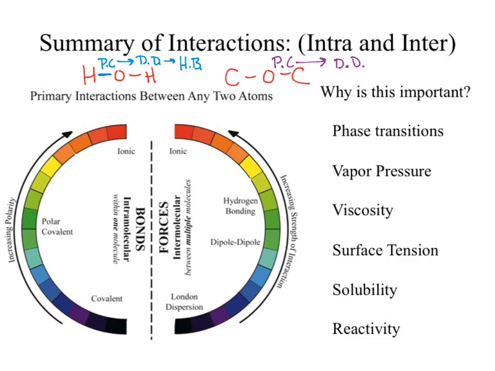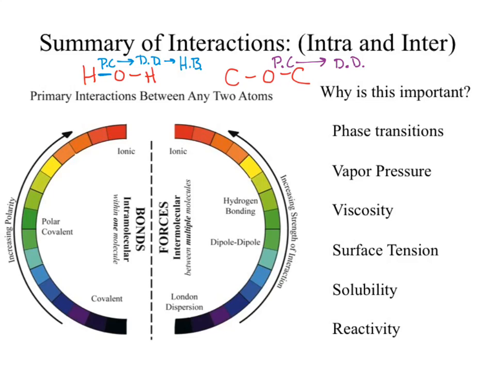You're sharing electrons. Sharing of electrons makes it very difficult to rip those atoms apart from each other. Whereas in the case of ionic, they aren't sharing electrons. So what does that mean about the bond? Well, the bond's not there if you aren't sharing electrons, so how easy is it going to be to rip two molecules that aren't bound to each other away from each other? That's not too bad.